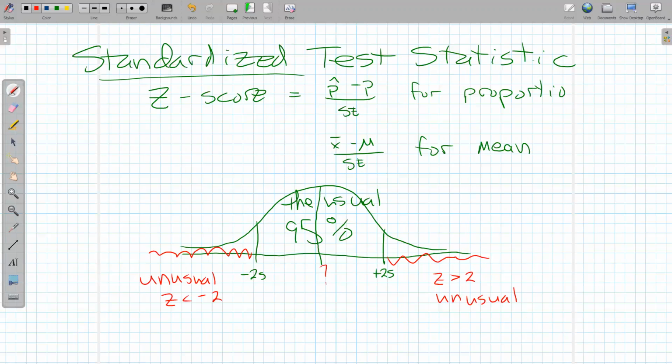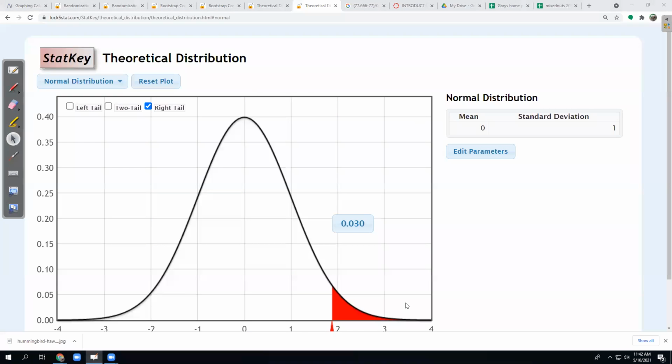So over the next couple of weeks, in addition to running these simulations, we're also going to look at these z-scores. And based on those z-scores, we're going to run these theoretical calculations to see how they compare with our simulated calculations. And for the most part, what we're going to find is they're pretty close to each other. They're going to be about the same. Will they be exactly the same? Answer is no. It's like flipping a coin, it's different every time.